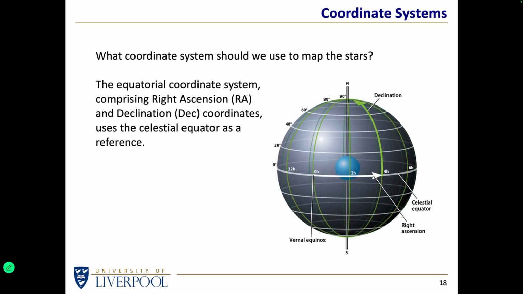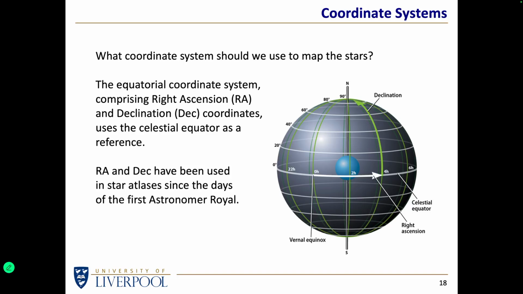And that's because we use effectively the pole of the Earth and the equator of the Earth as a reference. Right ascension and declination have been used in star atlases since the days of the first Astronomer Royal. So why are they not good enough for mapping the stars for the sort of precision that we are interested in?